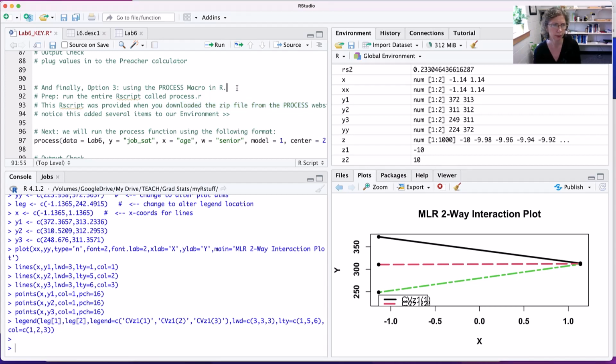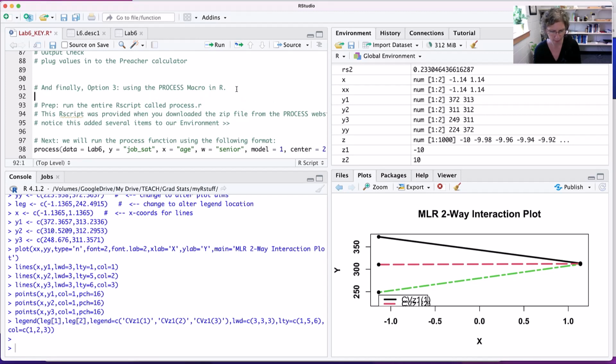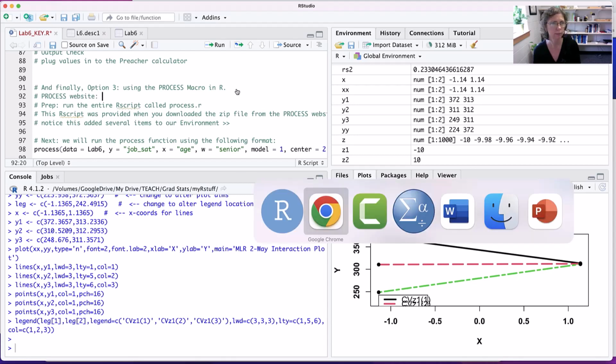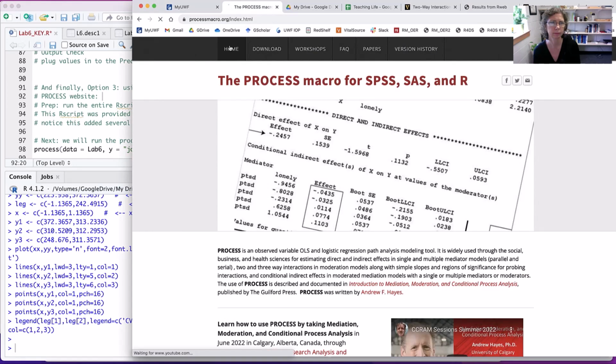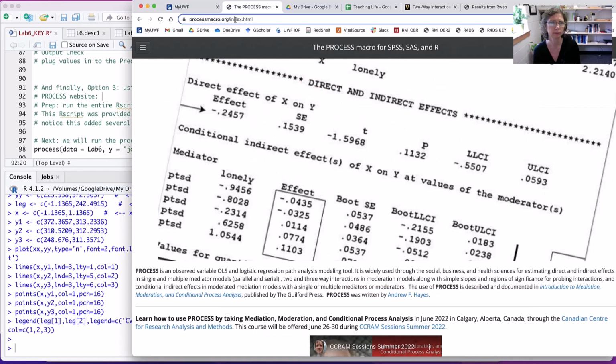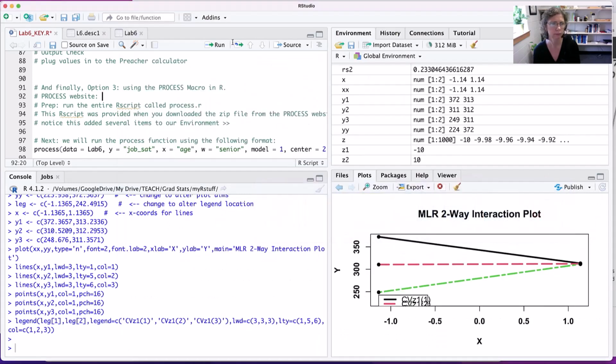In fact, I can put the website back in here just in case. There you go.